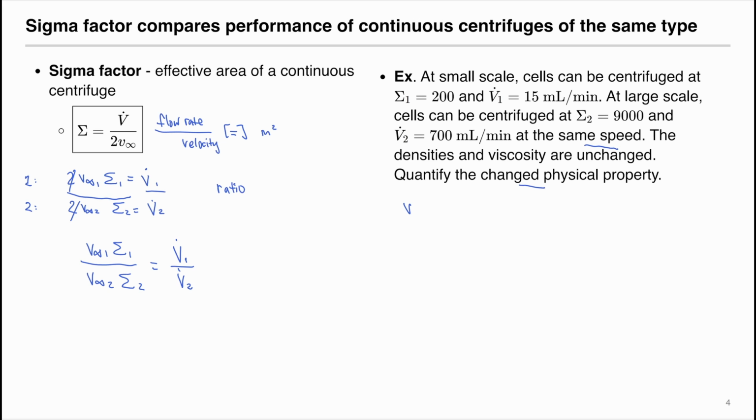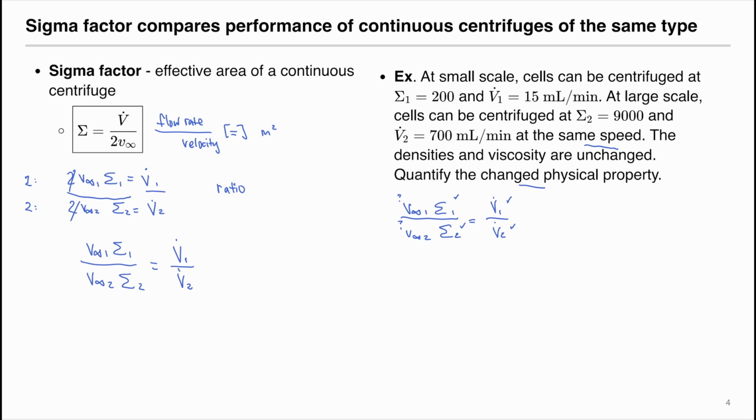So we have the terminal velocity of 1 times sigma factor of 1 ratio with the 2 is equal to the volumetric flow rates ratio. We already know the volumetric flow rates of the two. We also know the sigma factor of the two, but we don't know the terminal velocity of those two.